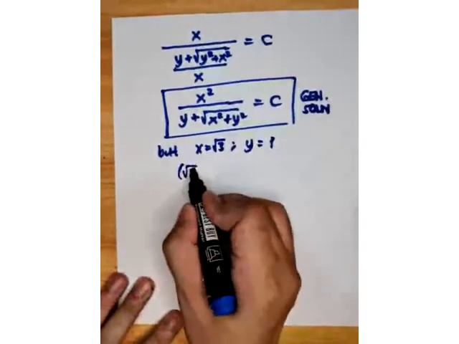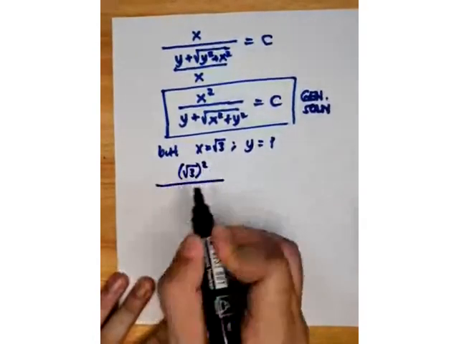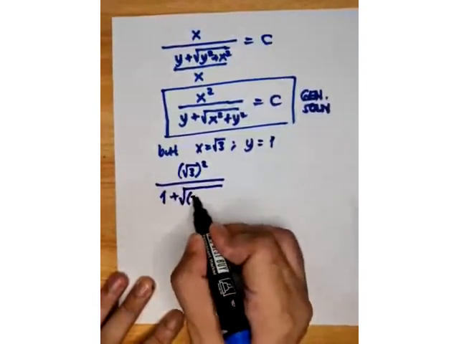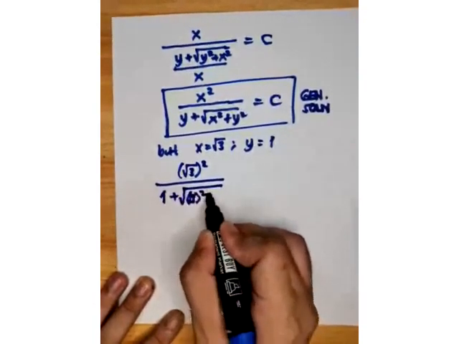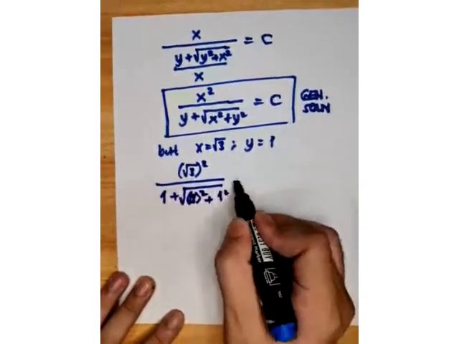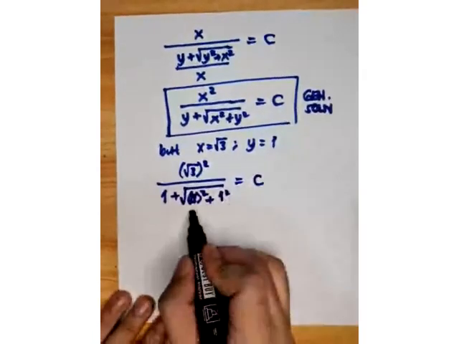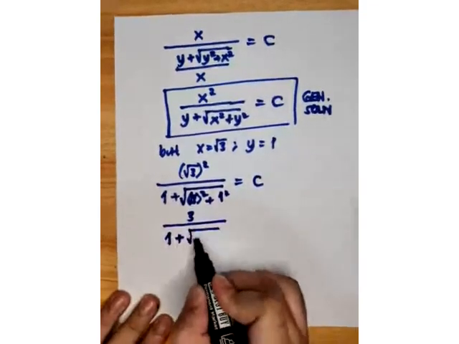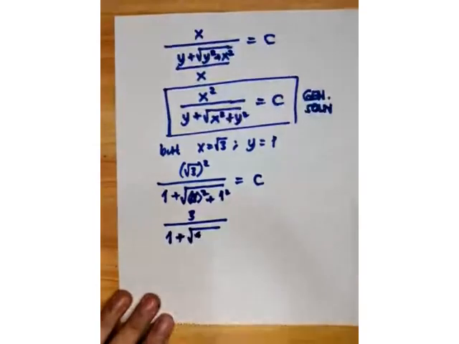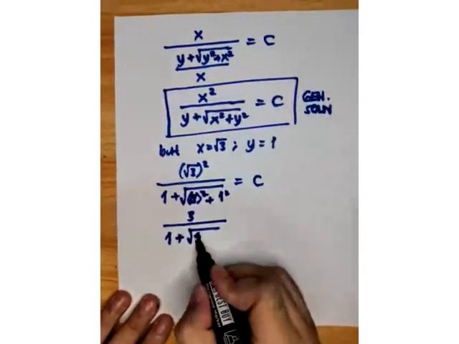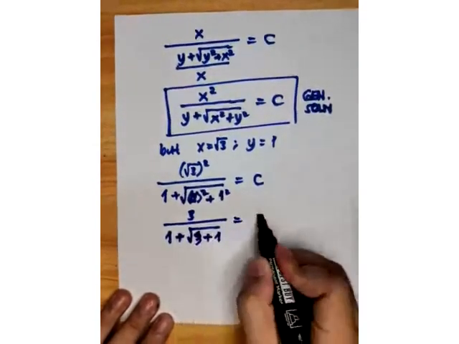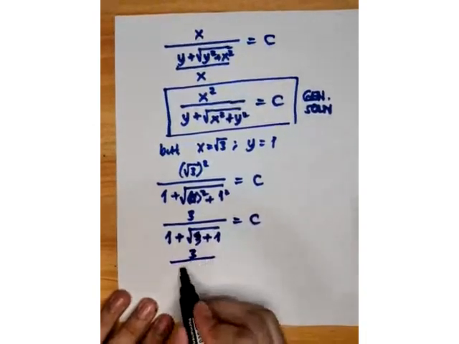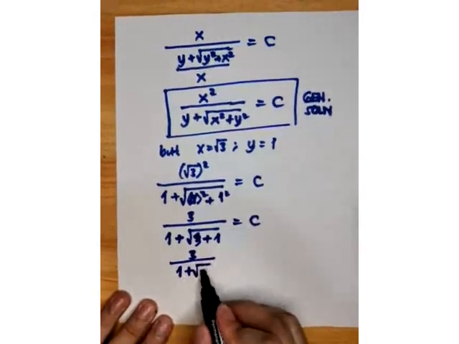So this is square root of 3 squared all over 1 plus the square root of 3 squared plus 1 squared is equal to C. So this is 3 over 1 plus the square root of 3 plus 1 is equal to C. So this is 3 over 1 plus the square root of 4.